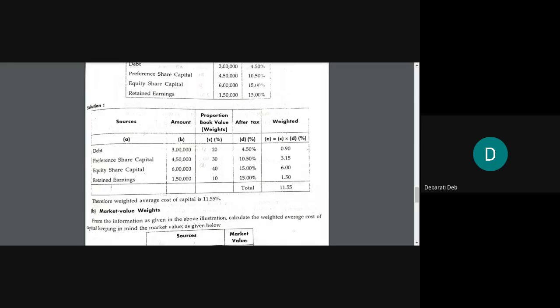First column is called sources. Second column is called amount.